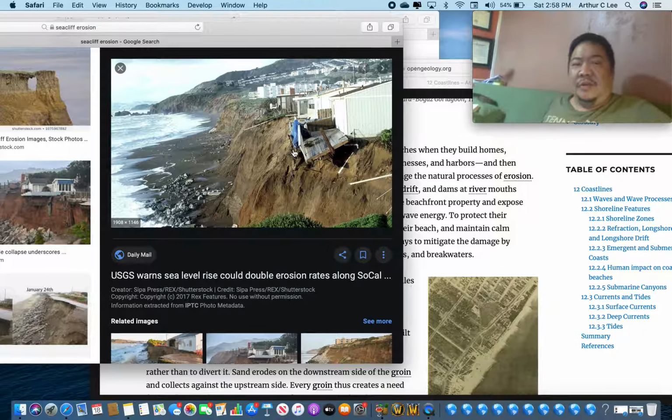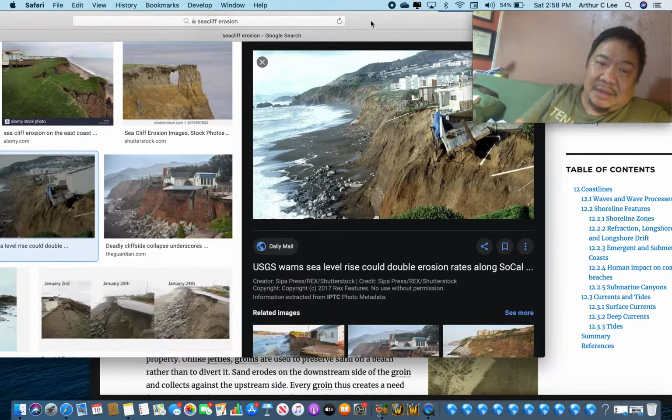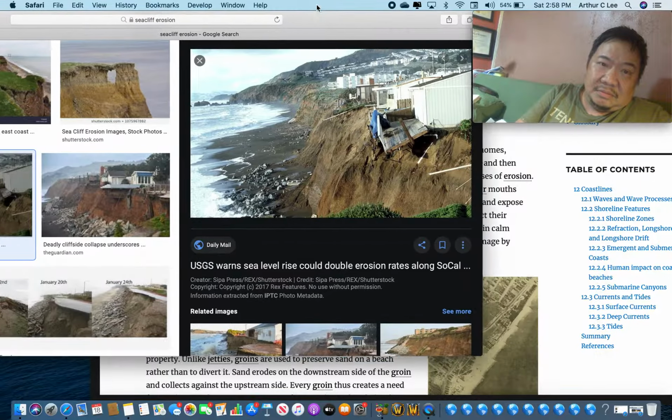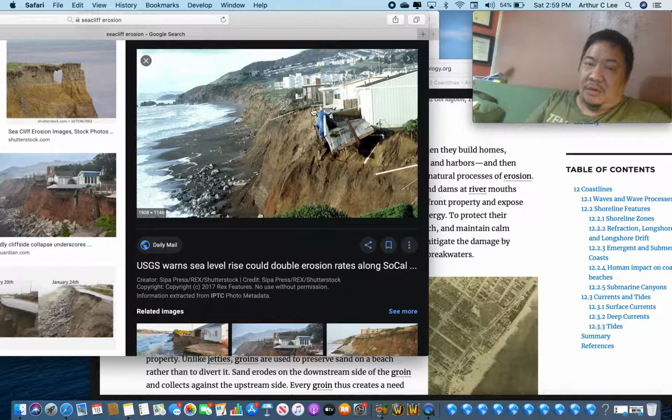So the value of your real estate along a coastline is dependent on how wide your beach is. If you had a wide beach that went out for a couple hundred yards out into the ocean, then you wouldn't even have to worry about mass wasting or losing your property, would you? So the wider your beach is, the more your property is worth.